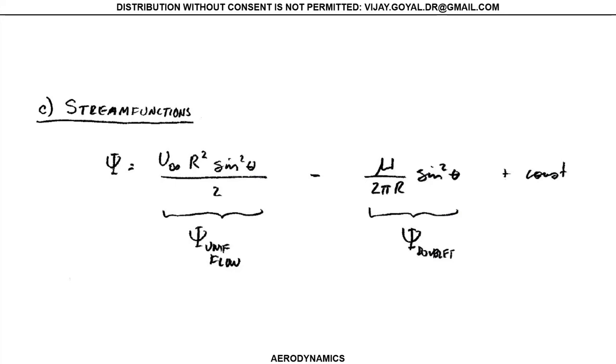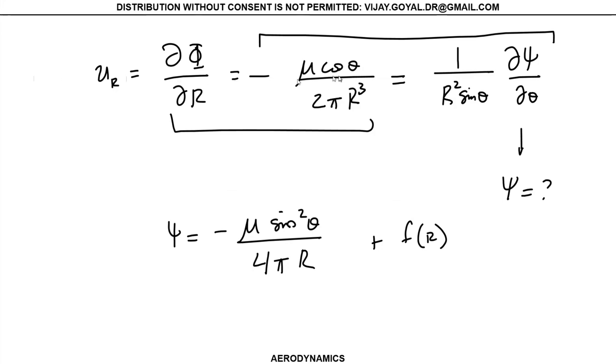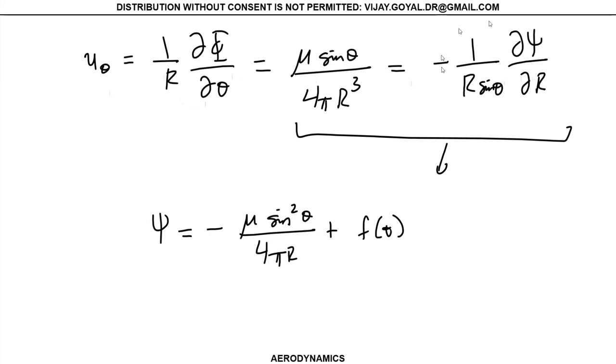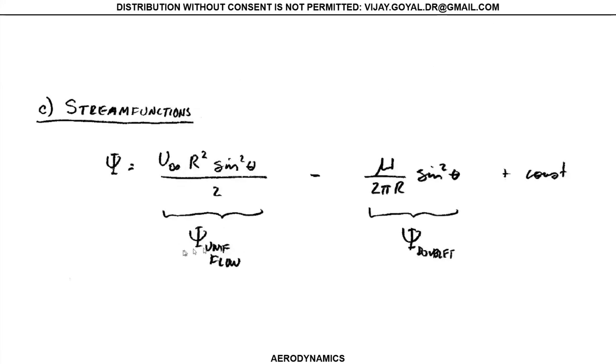And then if I want the streamlines, well, then you know how to find the streamlines, right? The same way we did here. You make sure that this expression is equal to this expression, and this expression is equal to this expression, then you solve for psi. And if I do that, you find this expression plus a constant.